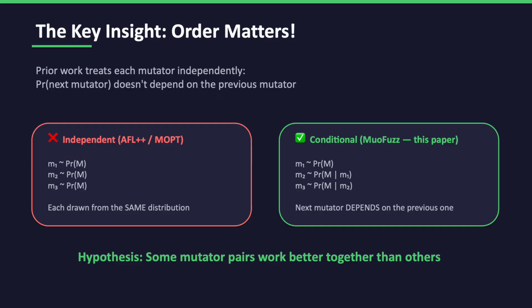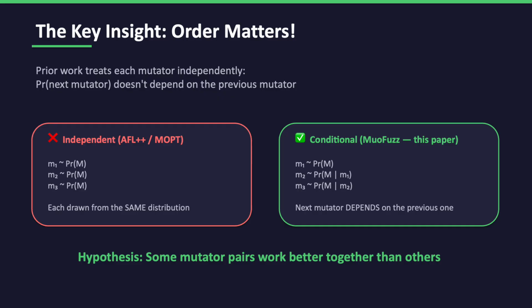On the right side, you see what this paper proposes. Instead of drawing each mutator independently, you condition on the previous one. M1 is still drawn randomly, but then M2 is drawn from P(M given M1), and M3 is drawn from P(M given M2). The probability of the next mutator depends on what you just did.